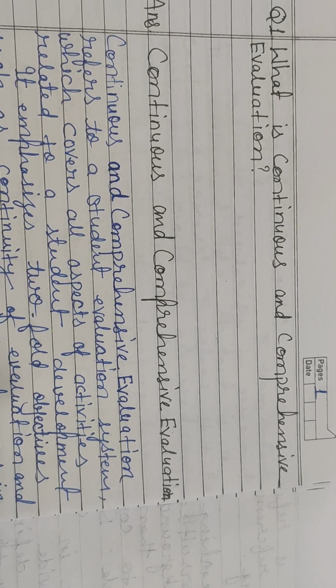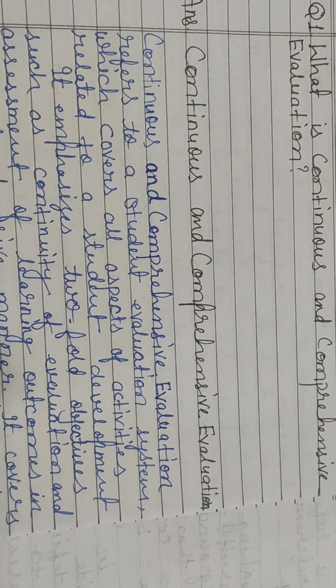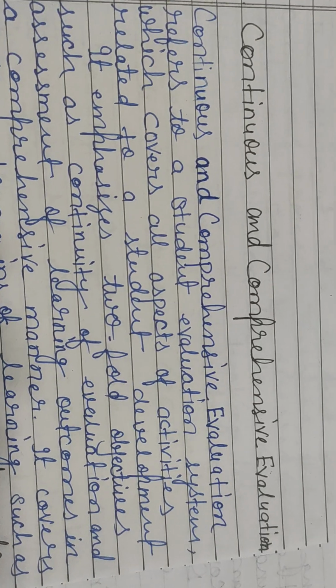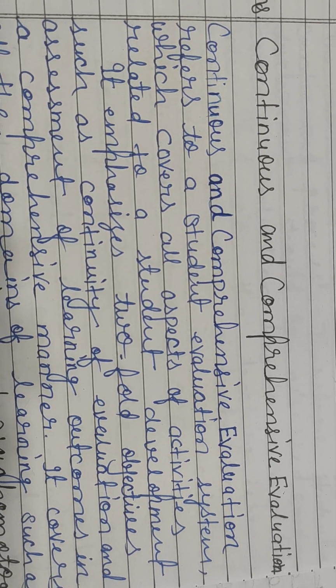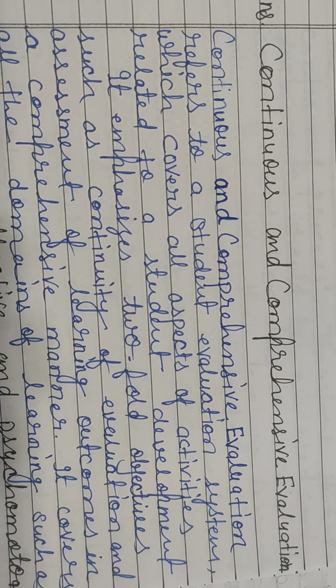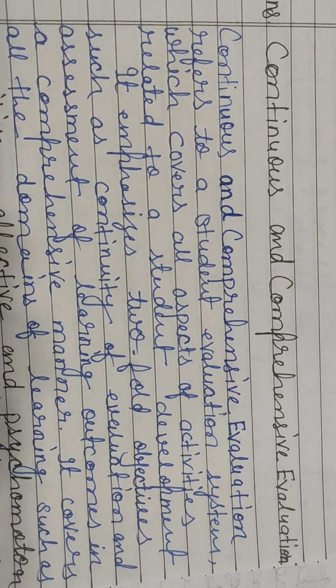Question is, what is continuous and comprehensive evaluation? Means CCE. What is CCE? Continuous and comprehensive evaluation refers to a student evaluation system which covers all aspects of activities related to a student development.